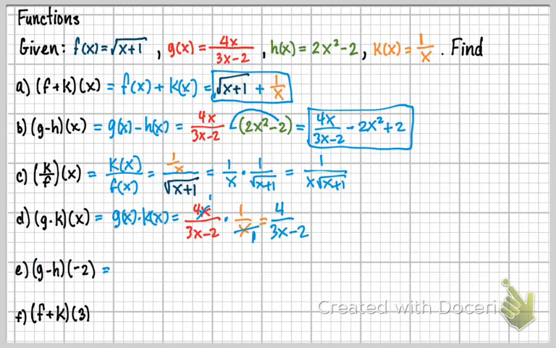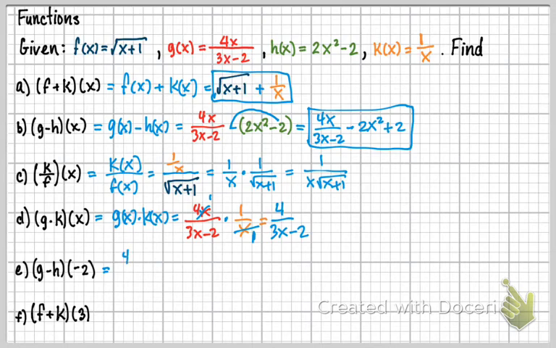So if you notice, that's number b here. That's my g minus h of x. So what I have to do here is take the function, and we see that function over here, and I just plug in negative 2 for x.